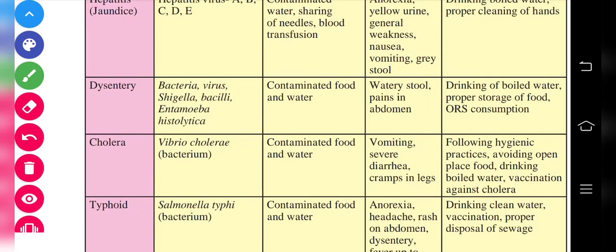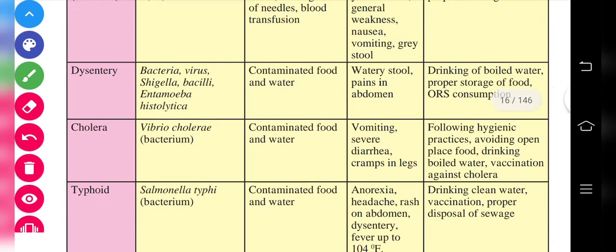The mode of infection is contaminated food and water. Mostly all infectious diseases come from water, food and insects. Symptoms are vomiting, severe diarrhea, and cramps in the legs. Follow hygienic practices: avoid food from open places, which is openly stored and very contaminated, drink boiled water, and get vaccinated against cholera.